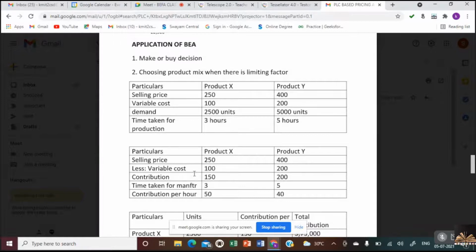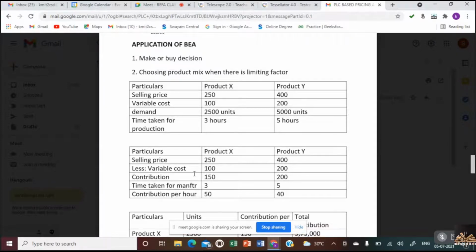Without going with machine hours, without considering the limiting factor, which product is more profitable? Is it product X or product Y?